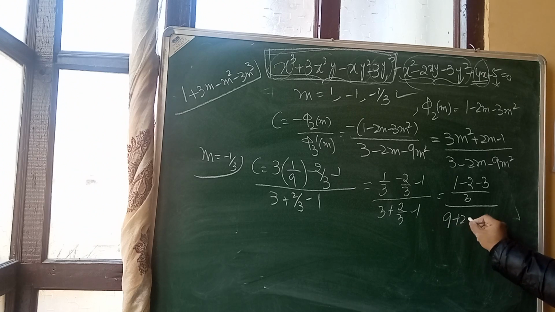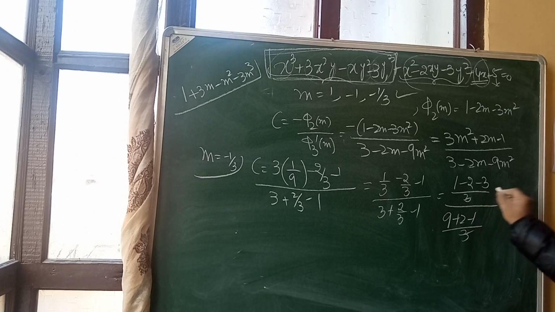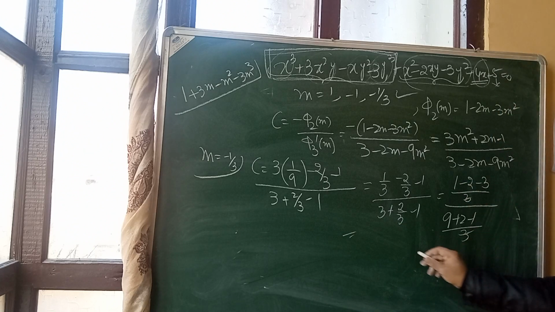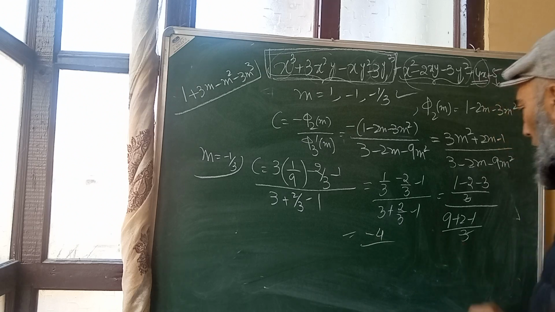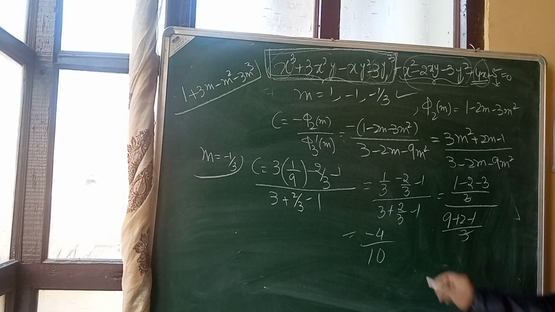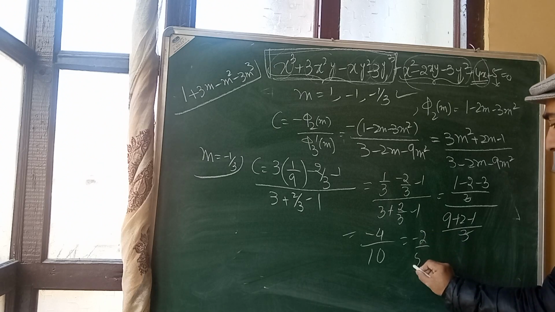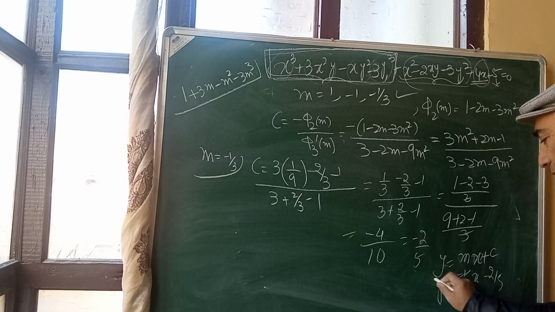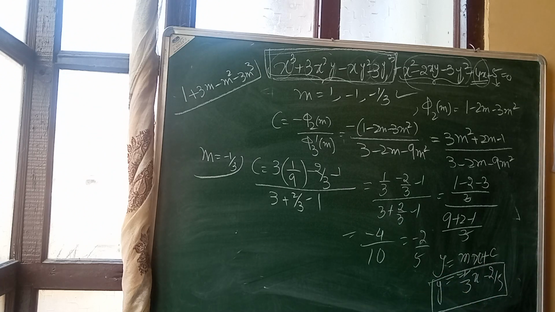And 9 plus 2 minus 1 by 3. So this is 1 minus 2 minus 3, it is minus 4, and 9 plus 2, it is 10. So minus 2 by 5. So y is mx plus c: m is minus 1 by 3, x plus c is minus 2 by 5. So this is another straight line, an oblique one.